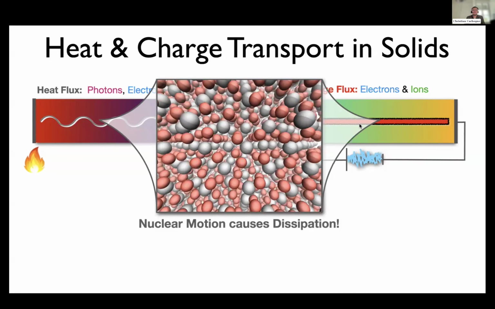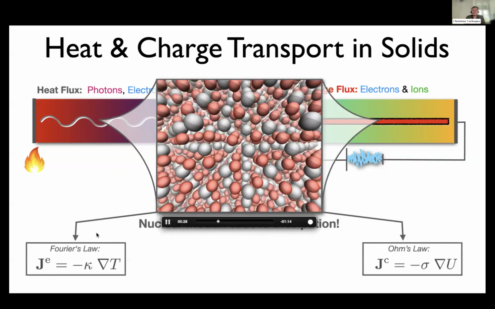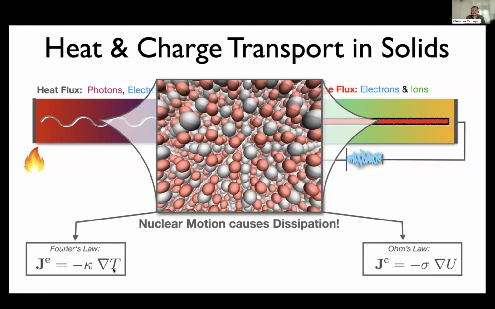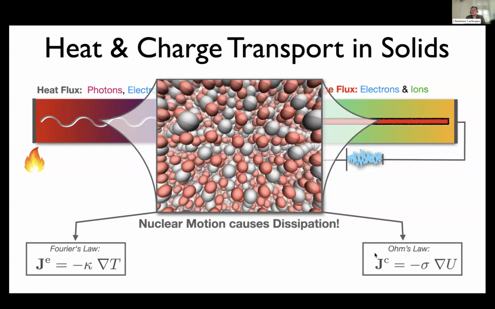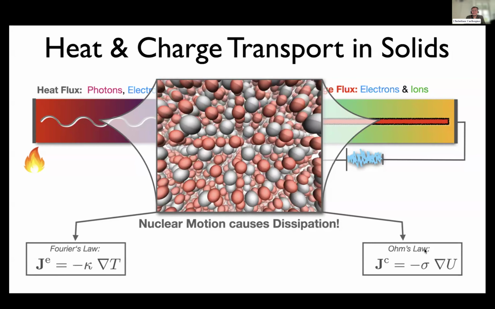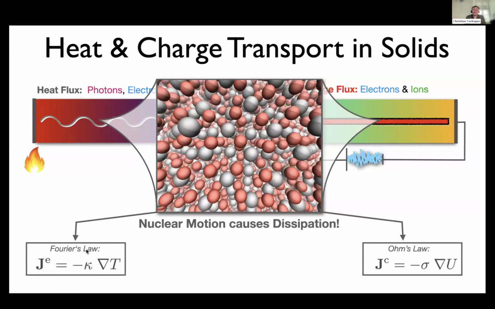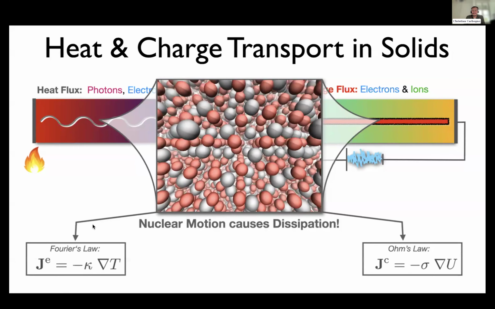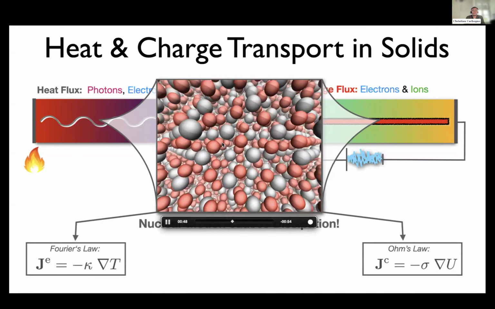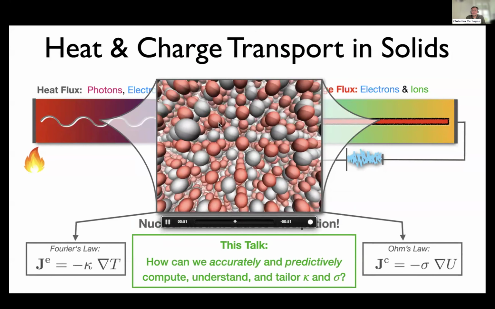In turn, on a macroscopic level, this gives rise to transport equations: Fourier's law for the heat case, that relates the heat flux to the temperature gradient, and Ohm's law for the charge case, where the flux is related to the potential gradient. And these constants, sigma, the electrical conductivity, and kappa, the thermal conductivity, are exactly what we want to calculate from simulations of these nuclear motions. And this is exactly what this talk is about.